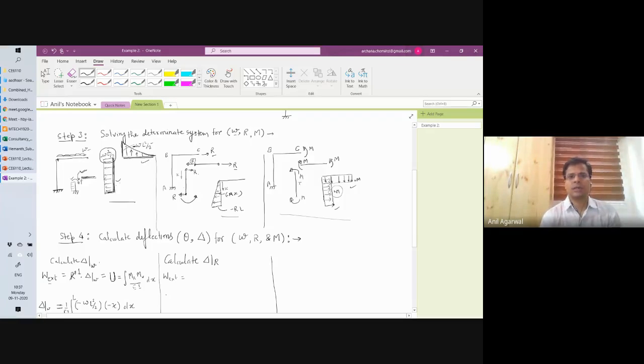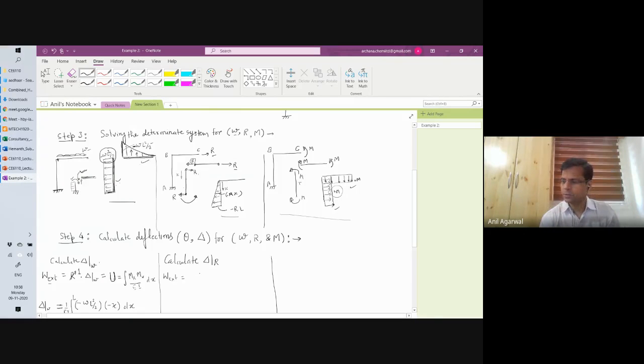So this time what is happening is that I want to calculate how much is the horizontal delta at this point because of the force R. Okay. Now R and delta are already in the same direction. Actually, ideally you should have divided by 2, but since it is on both sides, I'll not do it explicitly.